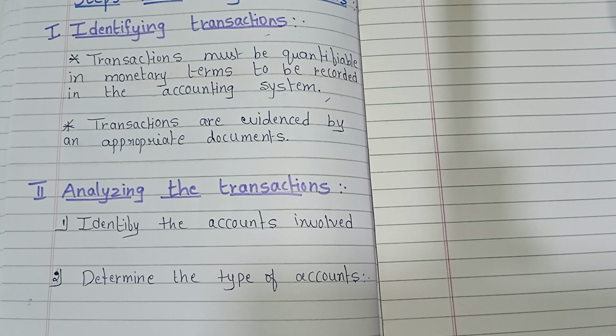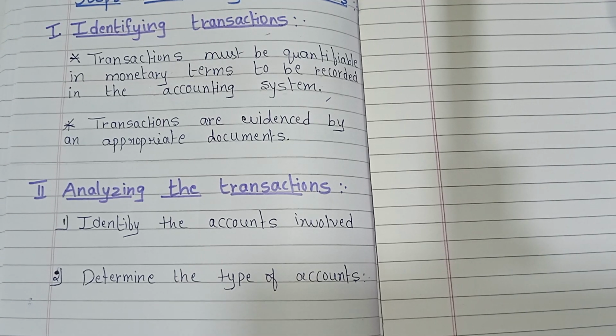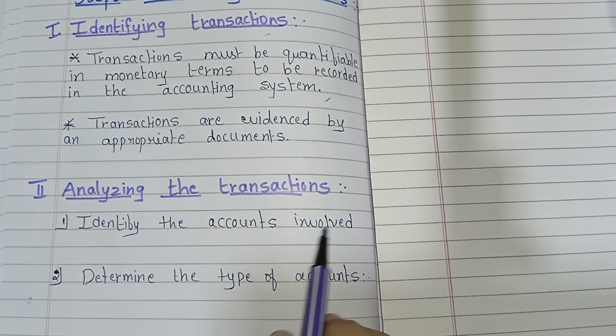Fine. And the second one is to determine the type of accounts. The first one is to identify the accounts involved and the second is to determine the type of accounts. Type of account means we have to classify the accounts as to whether they are assets, liabilities, equity, revenue, or expenses. Fine.